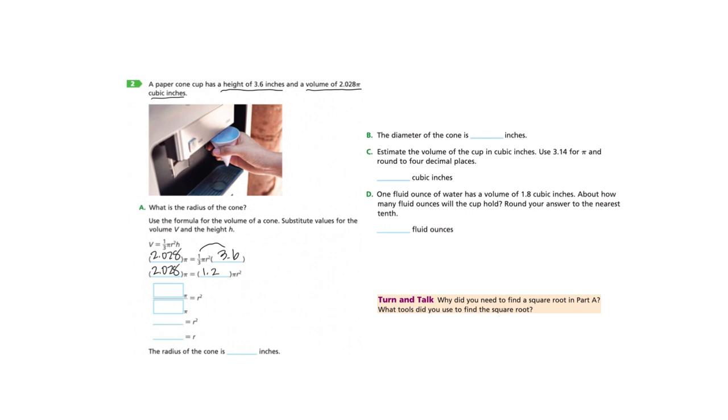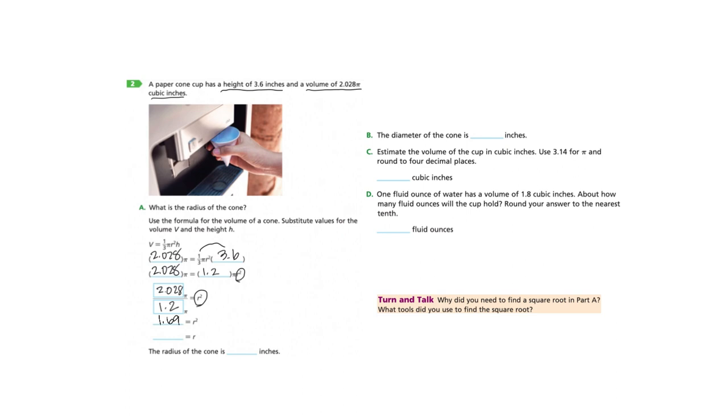Then if we divide both sides by 1.2 pi, we have 2.028 divided by 1.2, and that's going to leave us with just r squared over on that side of the equal sign. And if we divide that, we get 1.69 equals r squared.